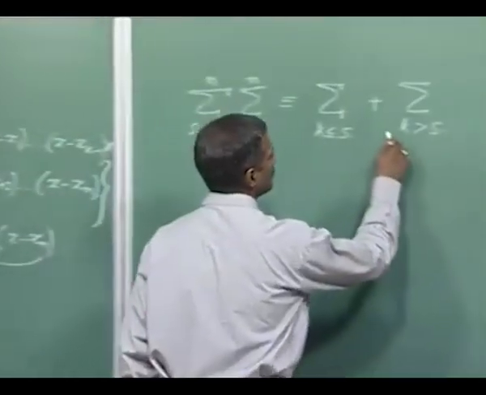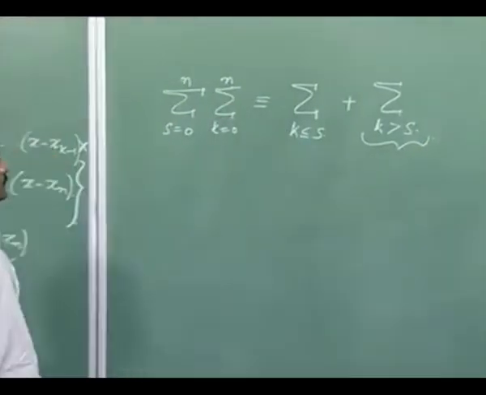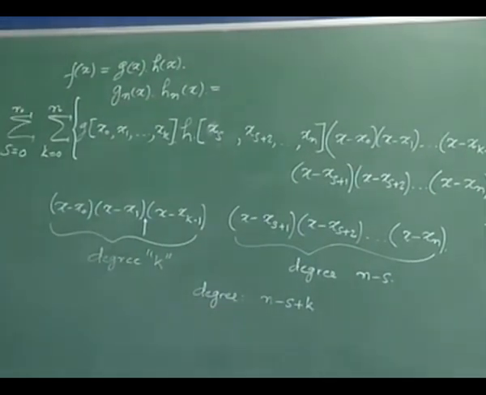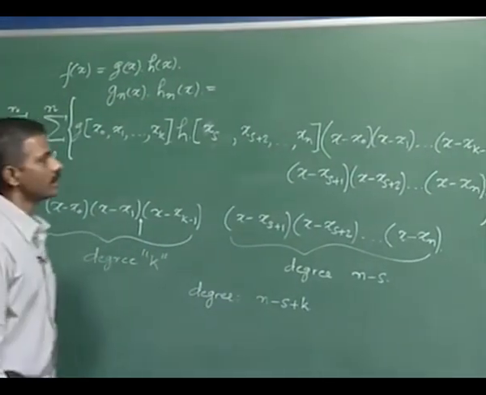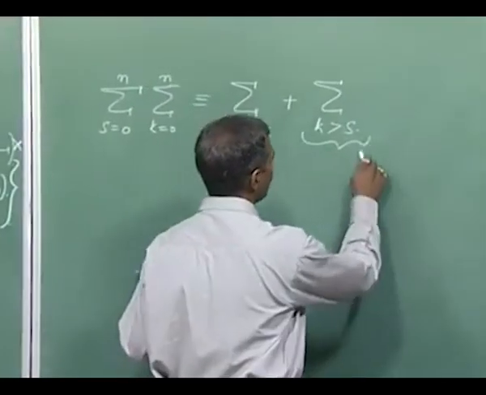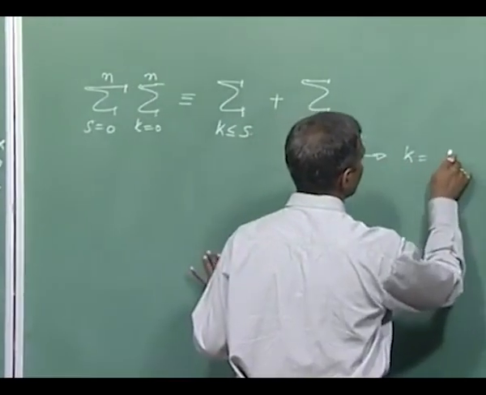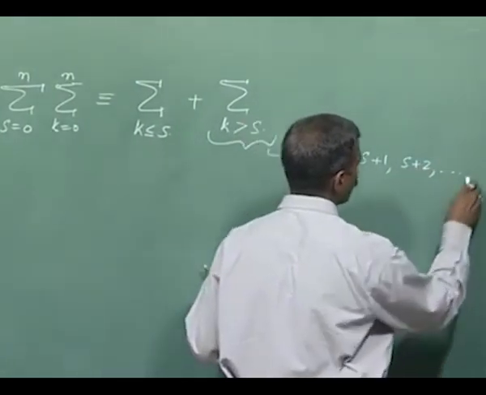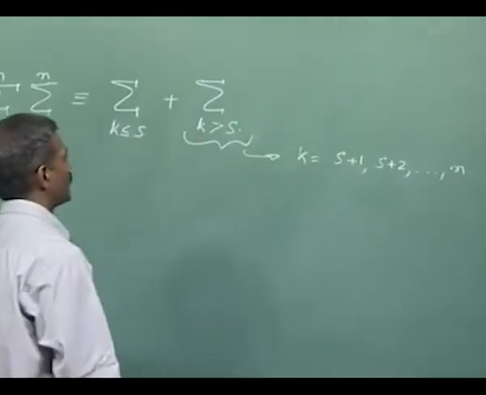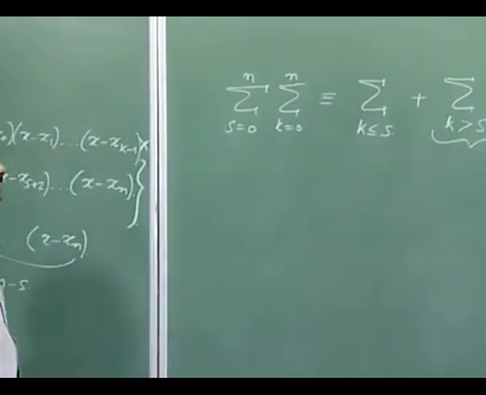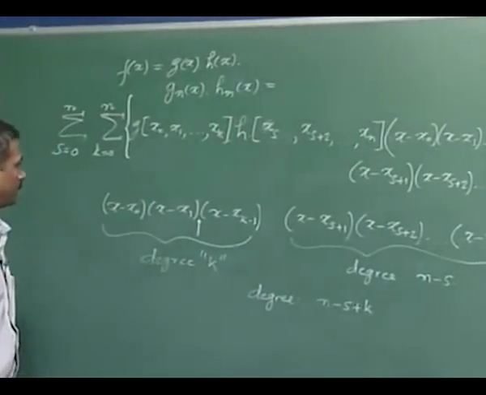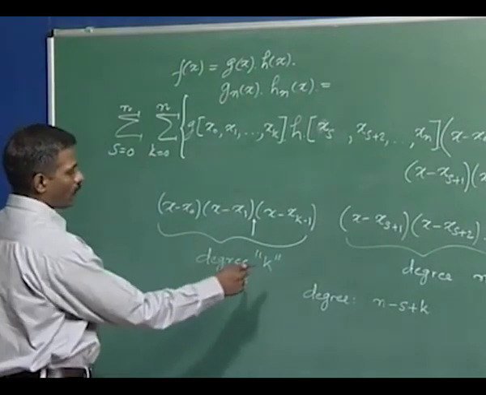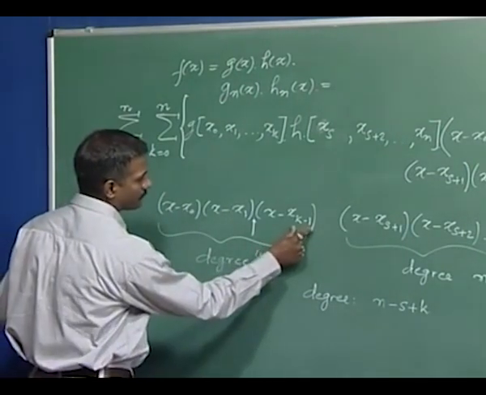Let's take this case first. K greater than s. So here k can assume values s plus 1, s plus 2, and so on and so forth up till n. Remember, the maximum value of k is n. Now concentrate on this part here.